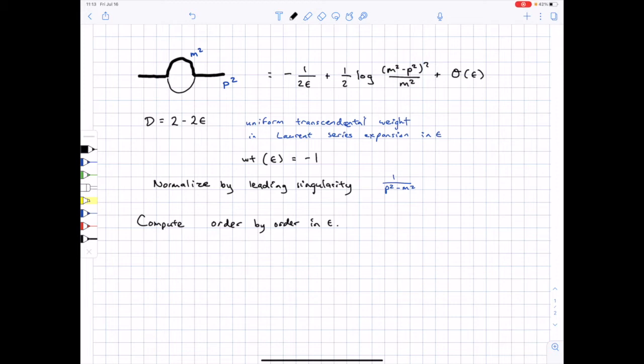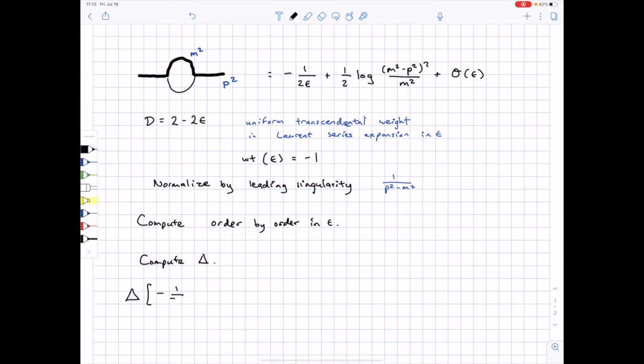Now let's compute the coproduct on this expansion, again order by order in epsilon. And we'll find, just using what we learned last time, that the coproduct of this expression is, again, computed order by order.